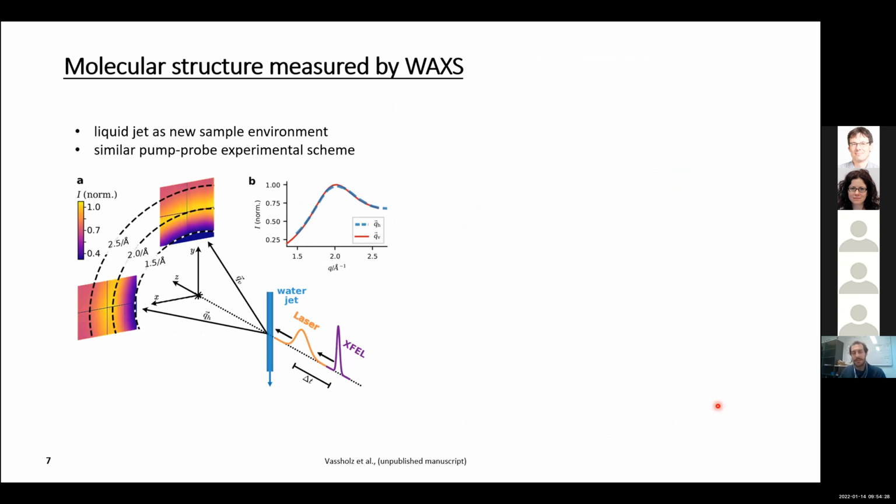So we basically conducted the same pump probe experiment here, measuring the scattering signal inside a water jet. And what we measure here is the characteristic water peak, which corresponds to the mean distance of the oxygen atoms in water, which is here usually found at around 2 inverse angstroms.